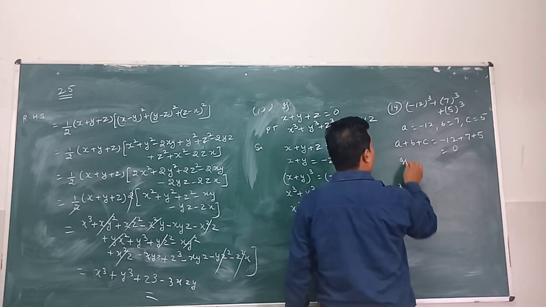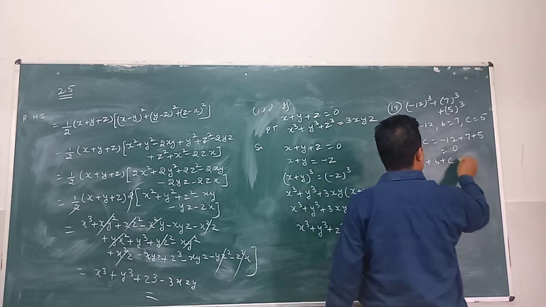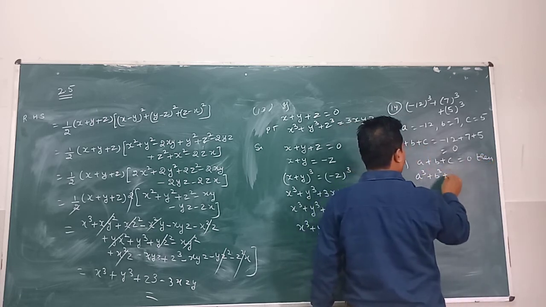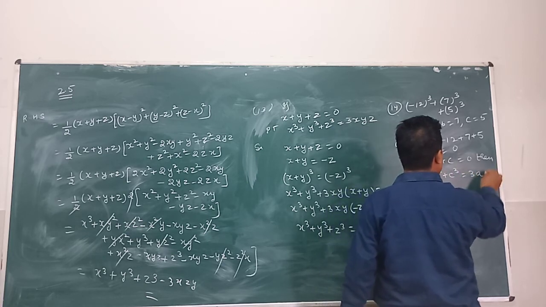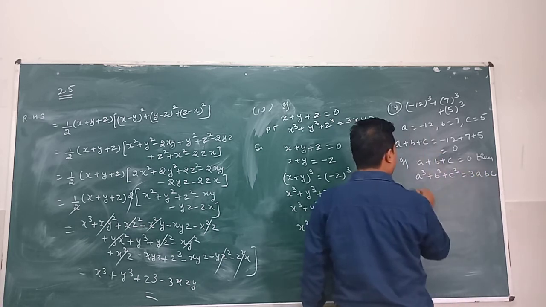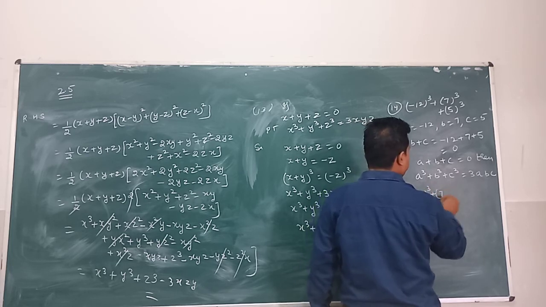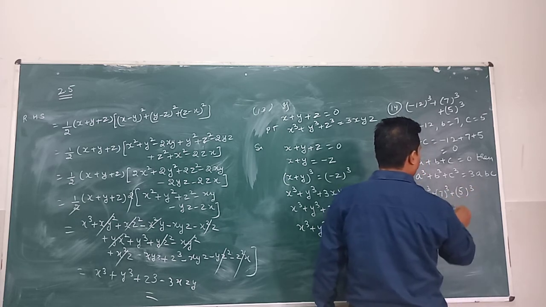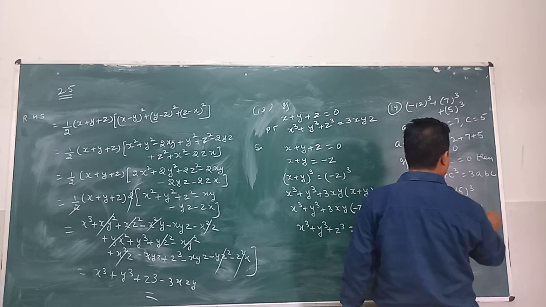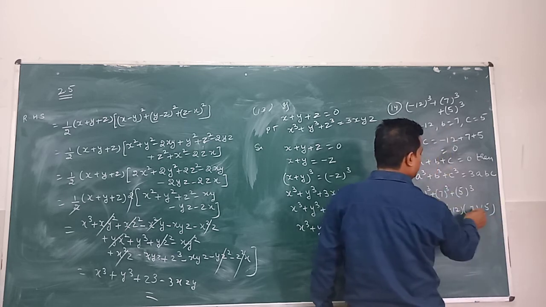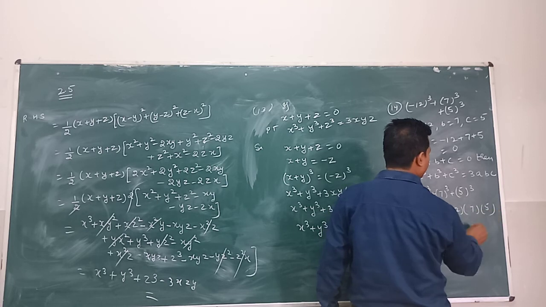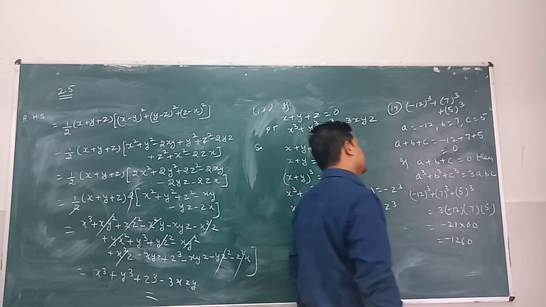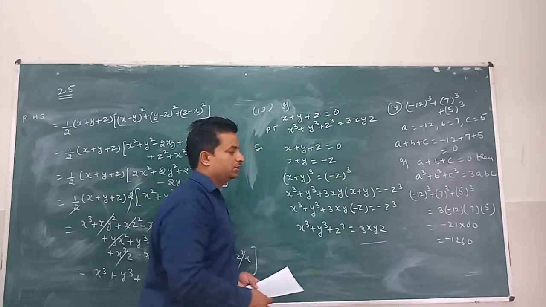As we know, if a plus b plus c equals 0, then a cube plus b cube plus c cube equals 3abc. So (minus 12) whole cube plus 7 whole cube plus 5 whole cube equals 3 times minus 12 times 7 times 5. 3 sevens are 21, 12 times 5 is 60. So minus 1260 is the answer of this question.